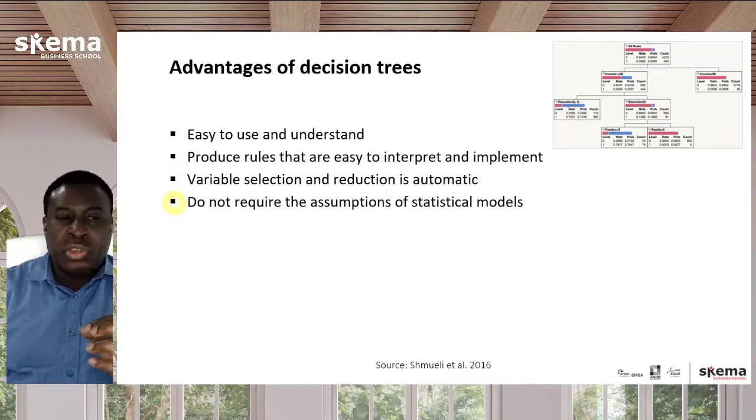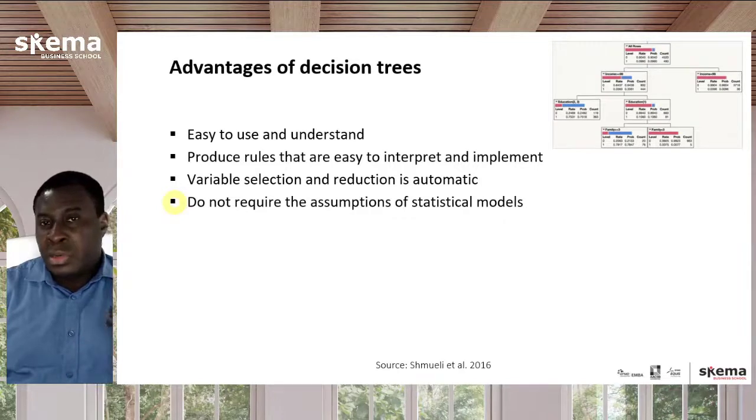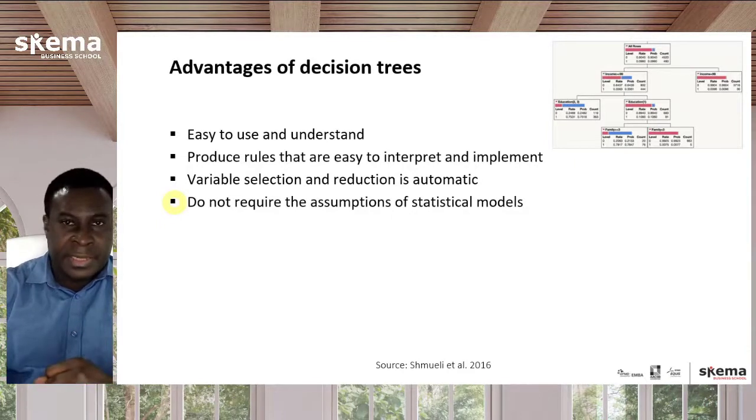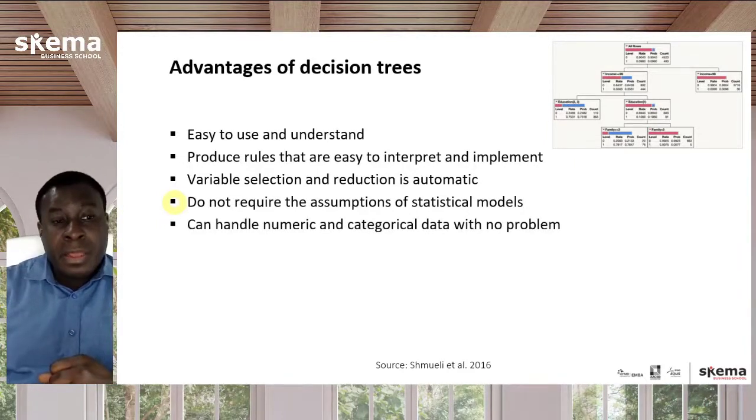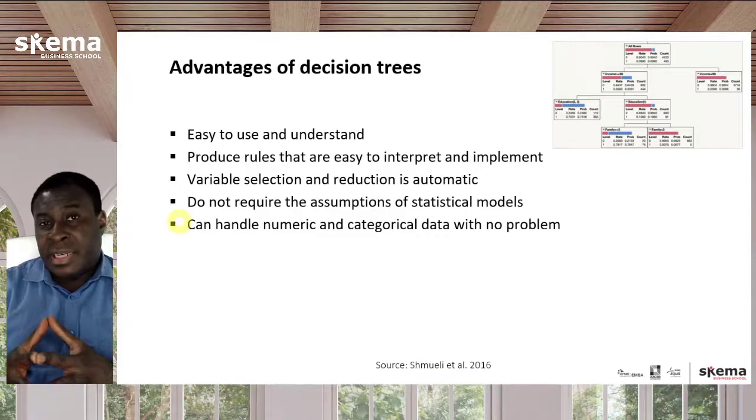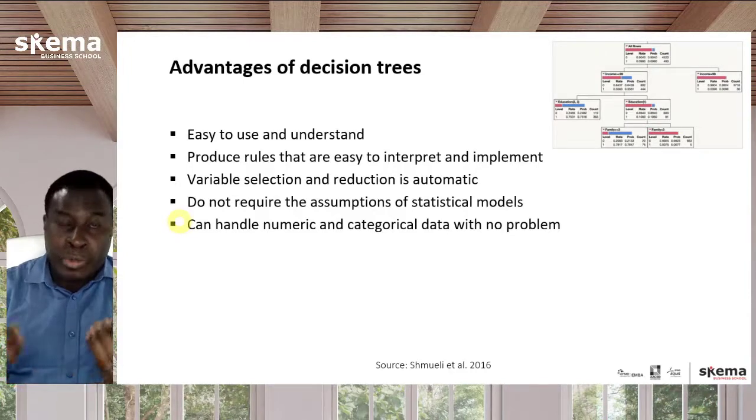Decision trees also do not require the assumptions of statistical models such as normally distributed data and so on. And so they work with a lot of different data sets. Significantly, they can handle numeric and categorical data no problem. Most machine learning techniques require you to work only with numerical data.